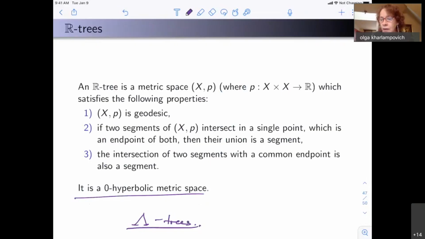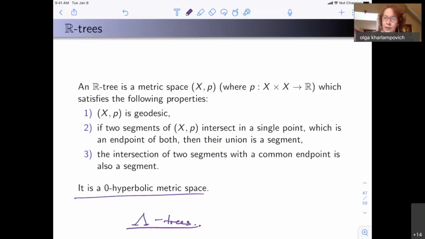For R-trees, one can ask the same question. Suppose a group acts freely on an R-tree. Is it still a free group or is it something else?